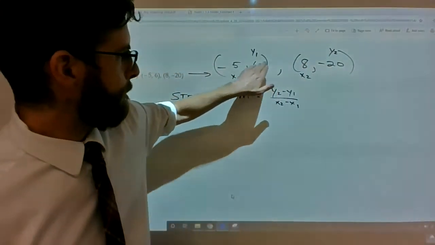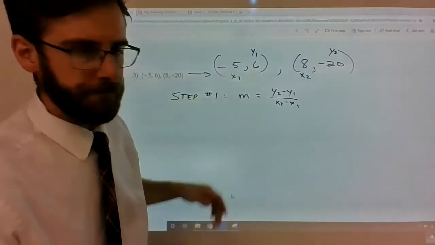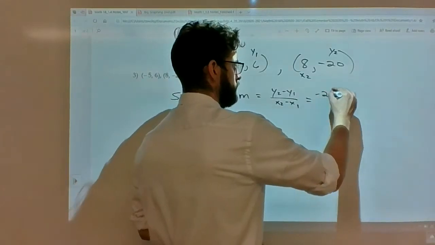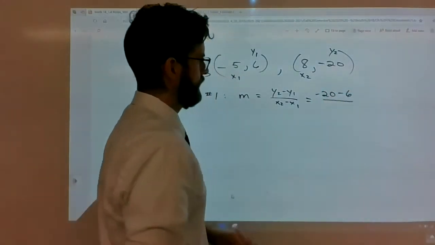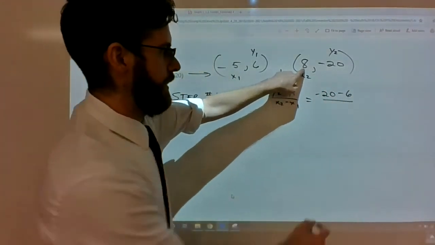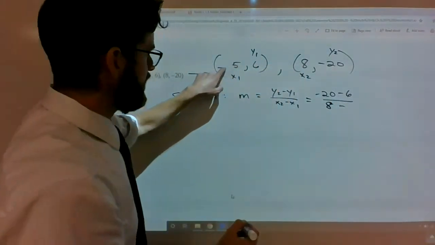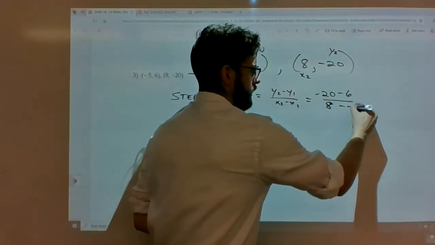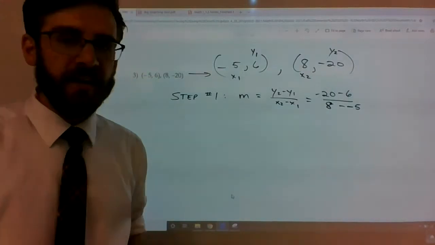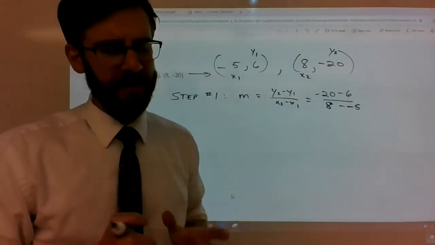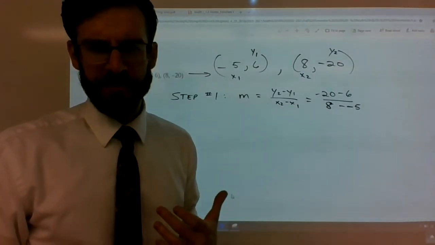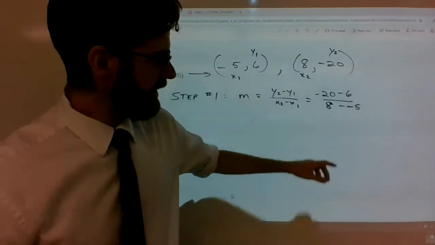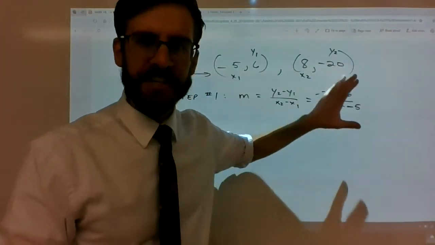Negative 20 minus 6 goes on top. 8 minus negative 5 goes on the bottom. Now this is where people start to make more mistakes than I think they normally would. Putting a minus negative indicates a plus.